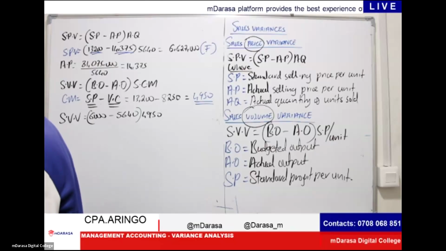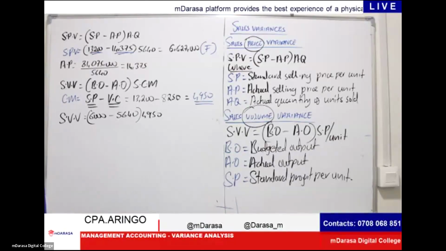So we can see that I am selling fewer units than what you had anticipated. So therefore, this variance, of course, it is against us. If it is against us, then in this case, we should be having what? Adverse variance.